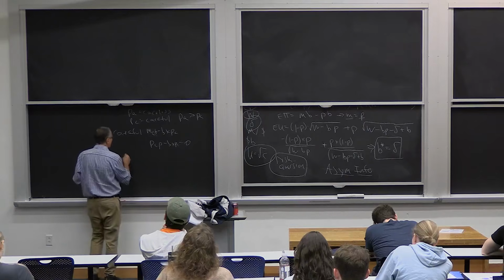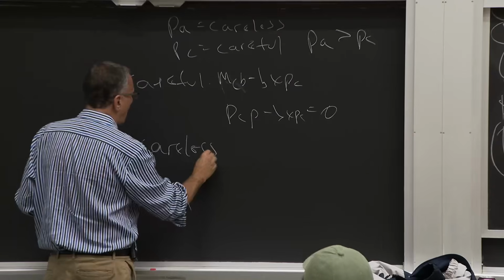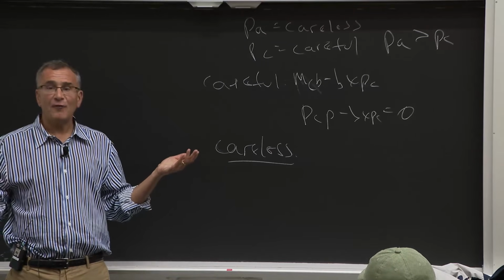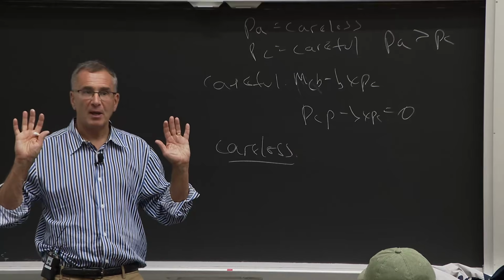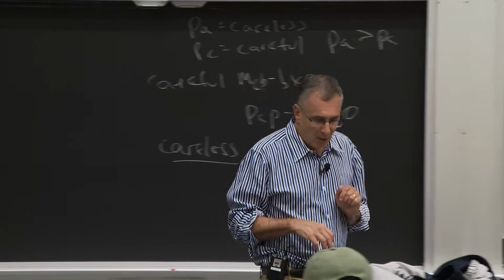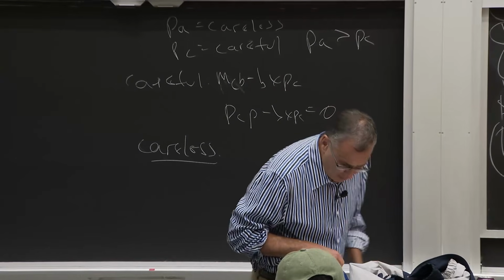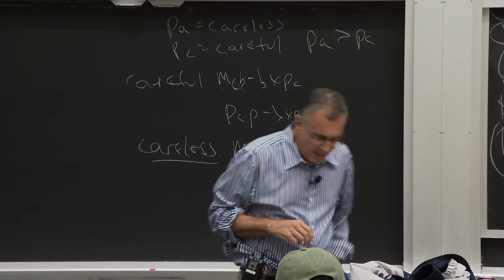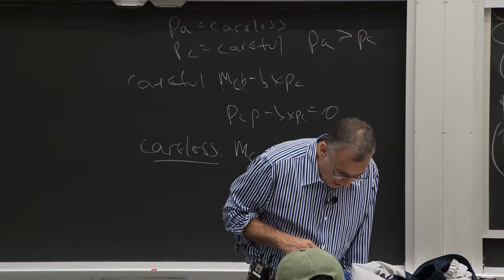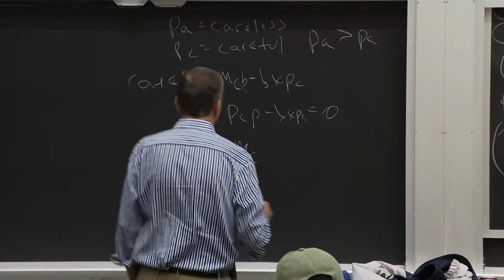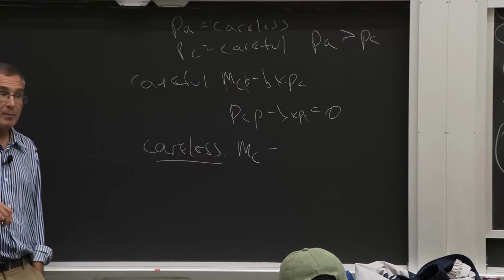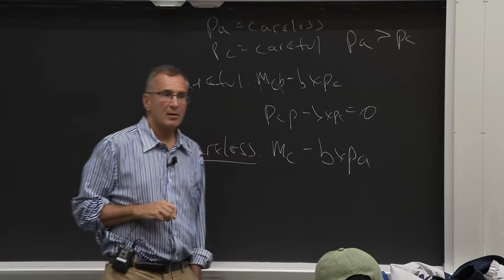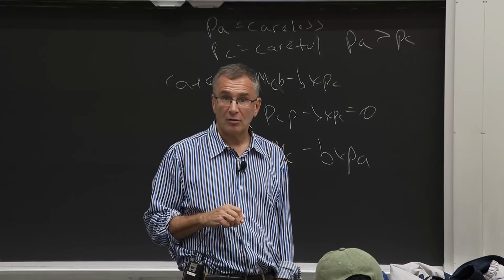Contrast that with what happens with the careless. The careless person walks in, and what do they say? I'm a careful guy. Trust me. So what happens with the careless? They charge them MC, the careful premium, but their payout is B times PA, because actually they're careless.